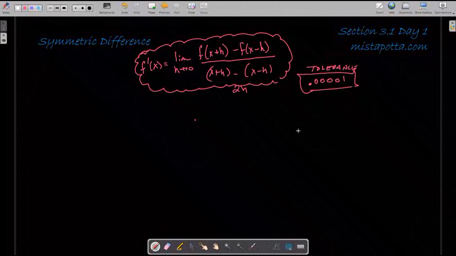And you can actually set this in your calculator to set how accurate your calculation is going to be. Just realize that the more accurate you want your numerical instantaneous rate of change to be, the more time it's going to take. But this is a still third version of the derivative, the symmetric difference.